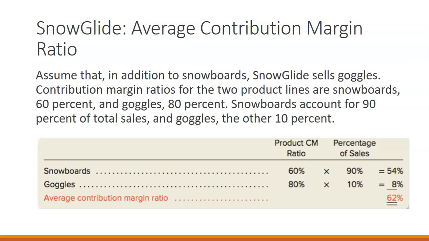So we take the percent of their contribution margin ratio times the percentage of sales that they contribute to get an average contribution margin ratio. Now, this assumes that in every month, our relationship of 10% and 90% stays exactly the same.